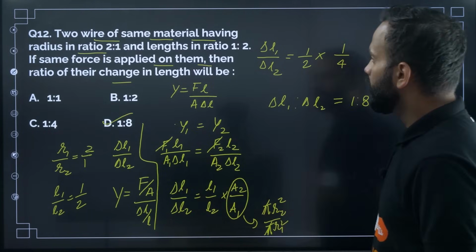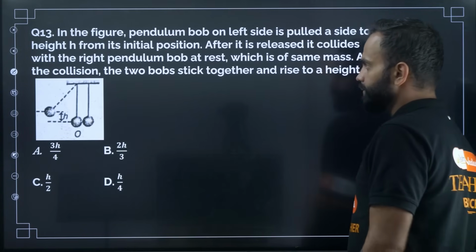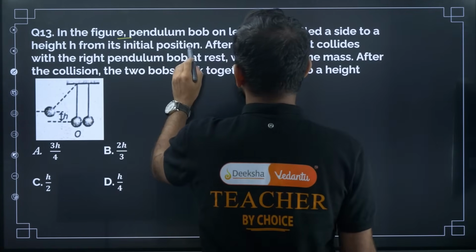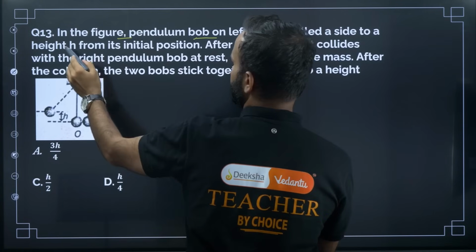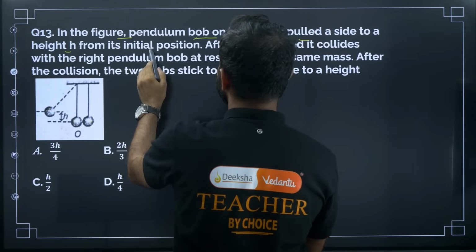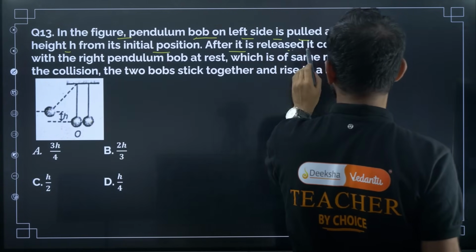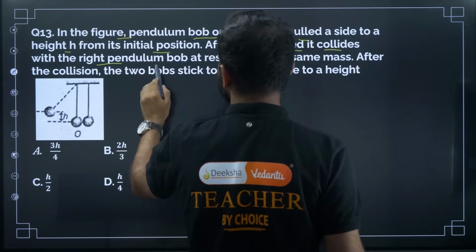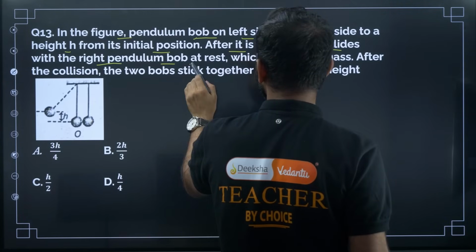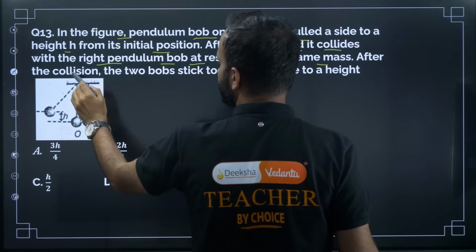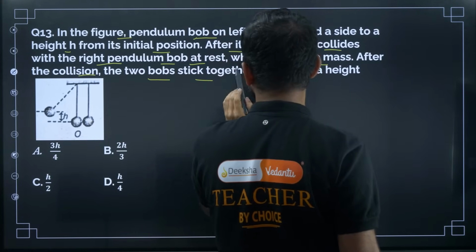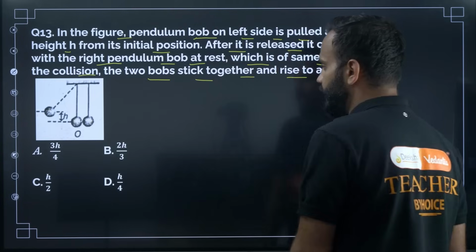Next question, question number 13. In the figure, the pendulum bob on the left side is pulled aside to a height h from its initial position. After it is released, it collides with the right pendulum bob at rest, which is of the same mass. After the collision, the two bobs stick together and rise to a height.